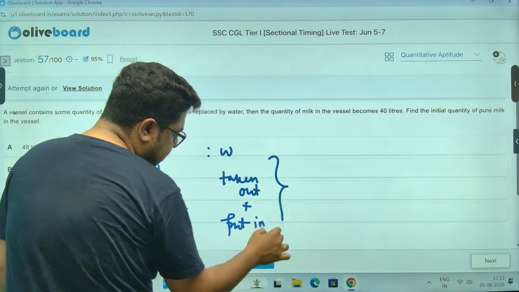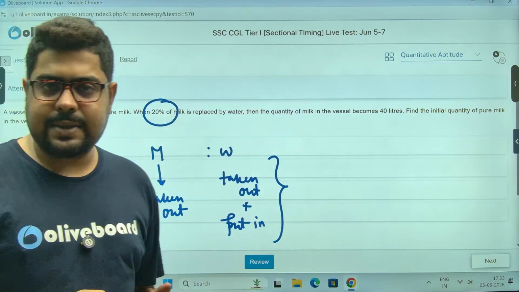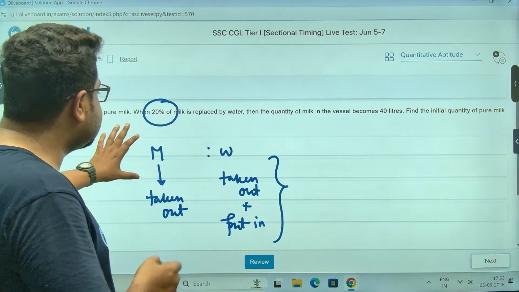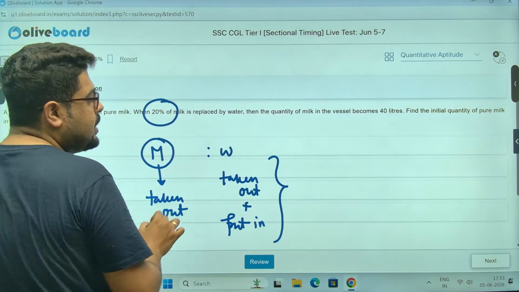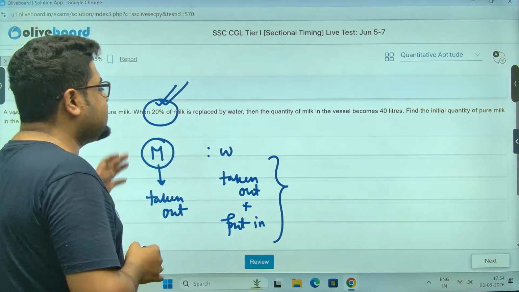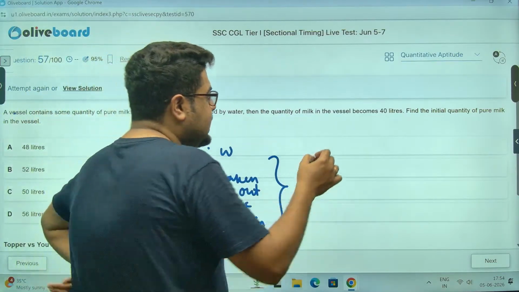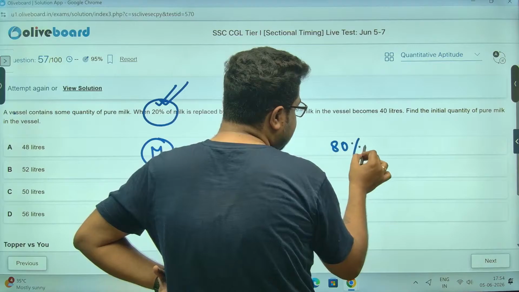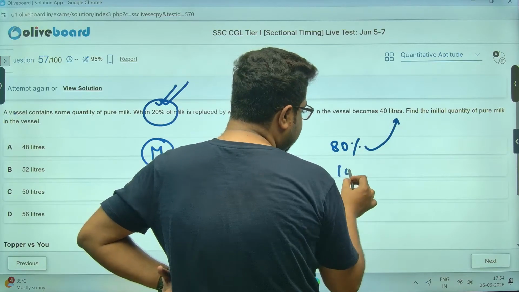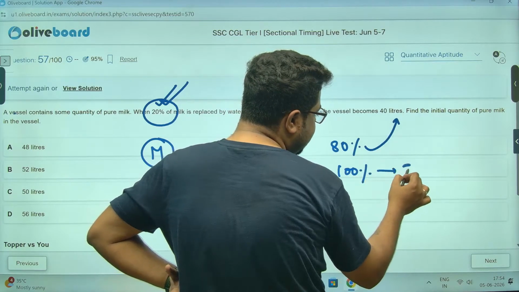Replacement means that. So whatever was the initial quantity of milk, 20% of the milk has been taken out. And hence 80% of the milk remaining is 40 liters. So 100%, the initial quantity will be 50 liters, sir.